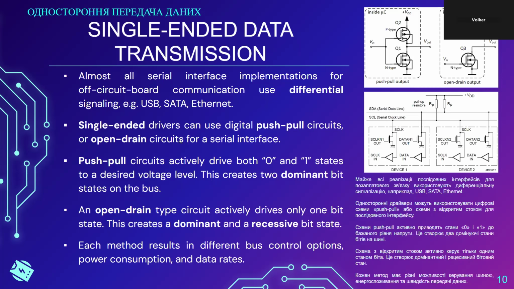So this creates two dominant bit states on the bus. Both levels, the high level and the low level, are driven by an output. This is good if you're trying to transmit signals fast. This is bad if you're intending to use this as a bidirectional bus line, because then there's a risk that due to coding error or other error conditions, the two outputs can drive against each other.